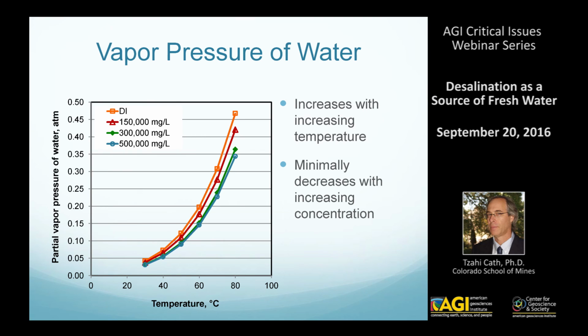But I think the nice thing that you can see here, and that's the nice thing about evaporation processes, is that as we increase the salinity of these waters, it very minimally impacts the vapor pressure of water, which tells us that we can desalinate water and recover a lot of water from saline water by evaporation.